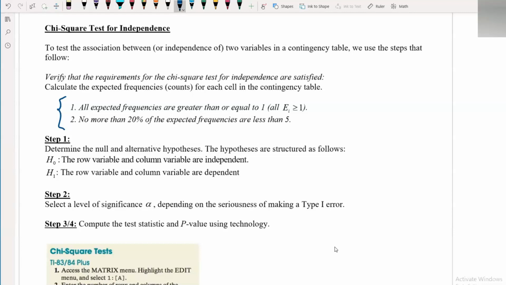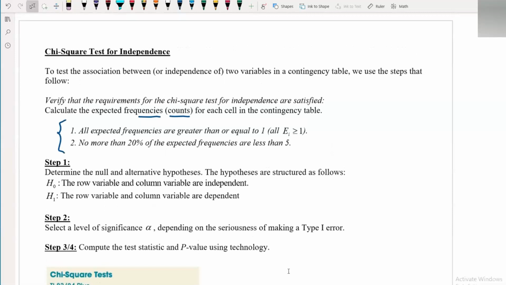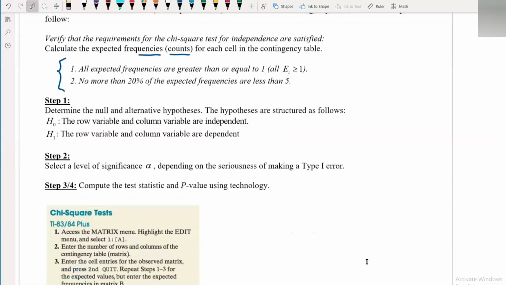Number 1, all expected frequencies or all expected counts are greater than or equal to 1. Number 2, no more than 20% of expected counts are less than 5. I'm going to explain these 2 better when we find the answers on the next page.